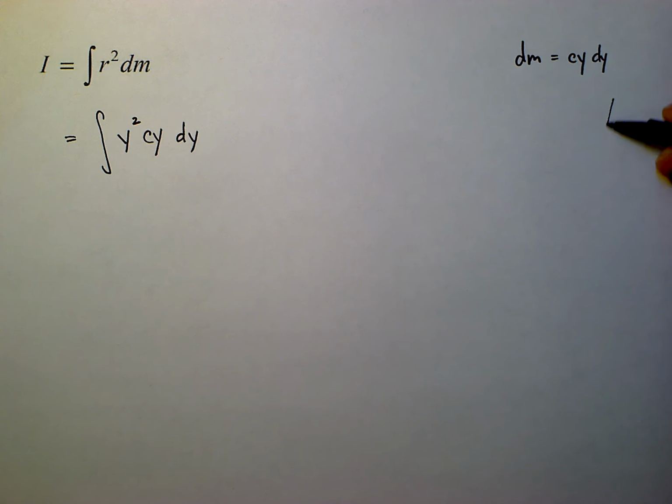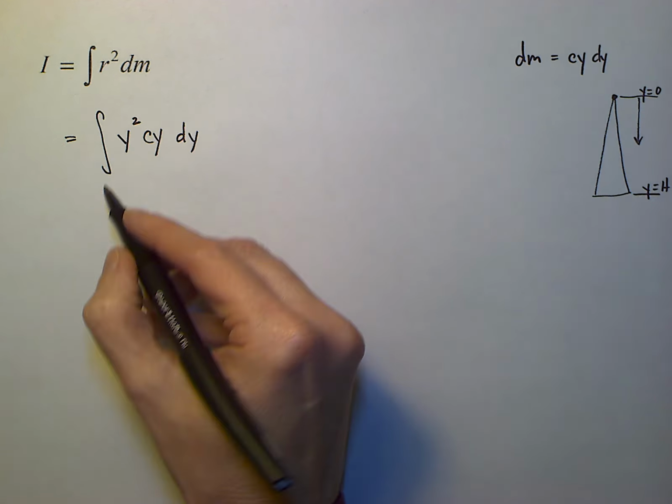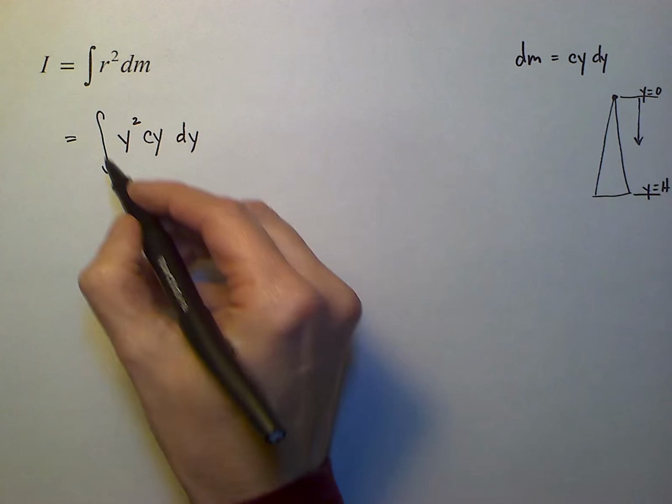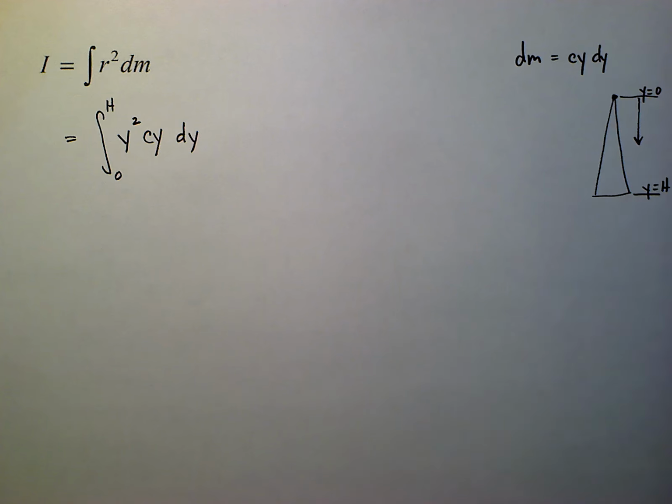So a reminder, we have this triangle here, and this was our pivot point. So I'm going to call that my 0 point for y, and then we are integrating from that point all the way through to the end of the object. That's where y equals h. So that's going to be our boundaries from y equals 0 to y equals h.